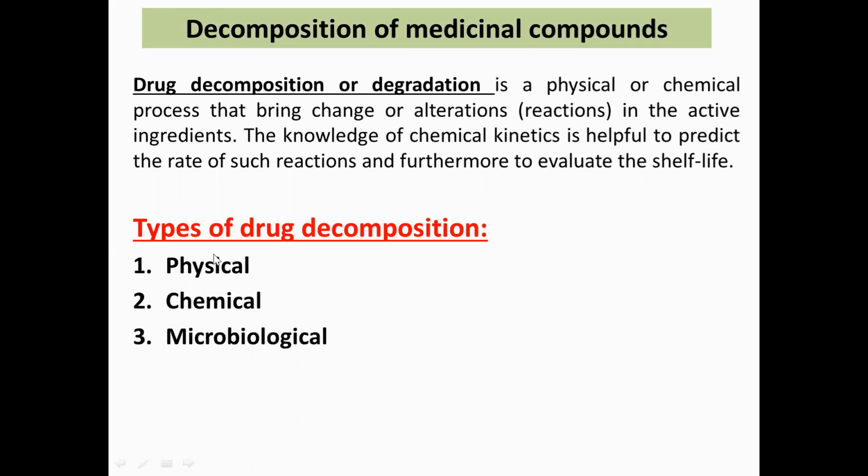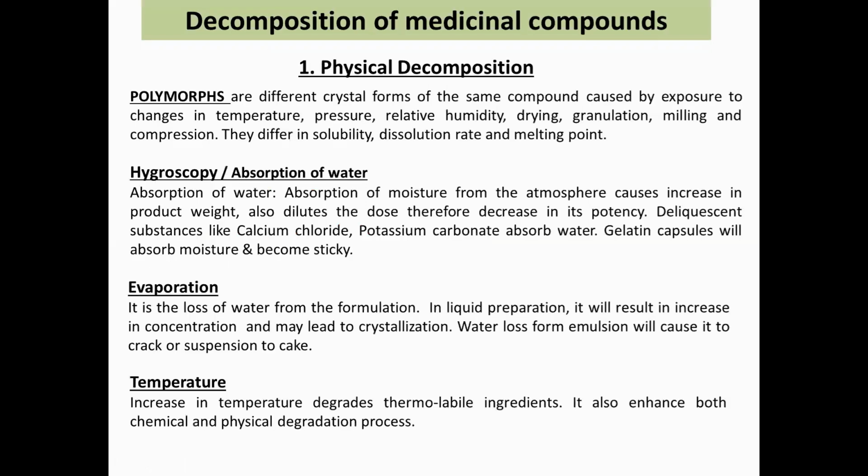So there are three major types of degradation or decomposition of drug: physical, chemical, and microbiological. Let's talk about physical decomposition. The first one is polymorphs, because the drug molecules may form different polymorphs when they come in contact with other substances, or with UV radiation, or with light, or when different factors may affect.